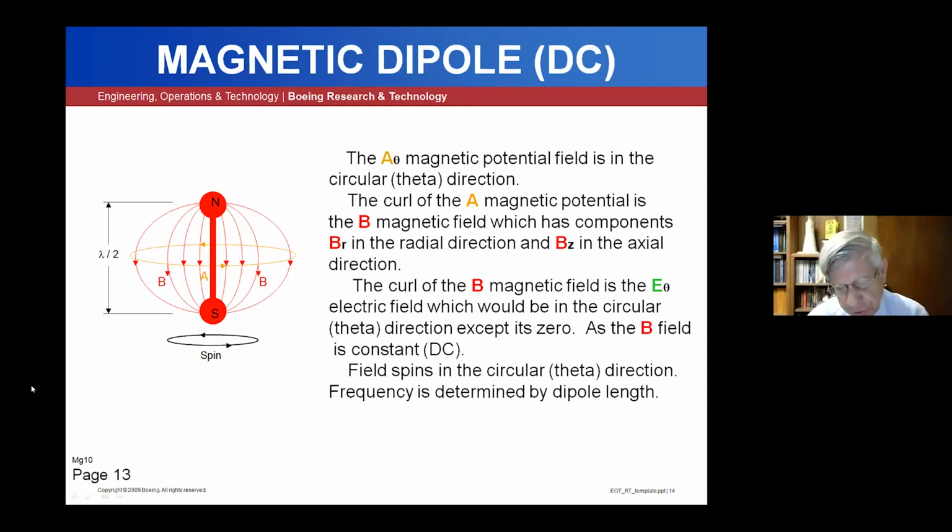However, there is a little bit of difference between the magnetic field and the electric field, because the magnetic field has spin, even though it's a DC or steady state type field. And that generates a tuned length, which neither one of those two is talked about in textbooks very much. So a bar magnet is actually a half wave device.